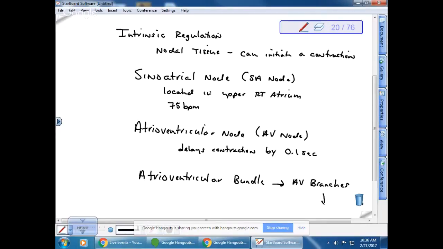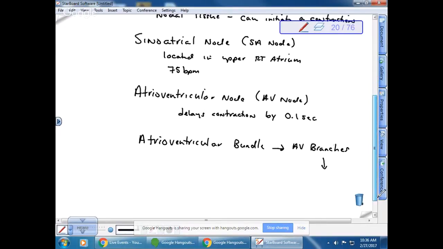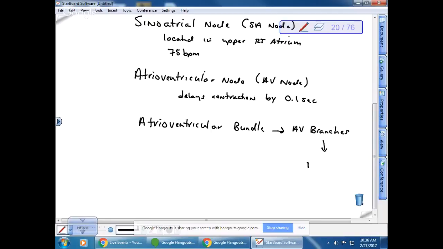And then it goes into these little fibers that innervate the bottom of the ventricles, which are called Purkinje fibers. They actually have another name in this edition of the book, but Purkinje is what I learned. So this is in the ventricles. And it's really important to realize that the signal has to go to the bottom of the ventricles so that the ventricles will contract from the bottom up.